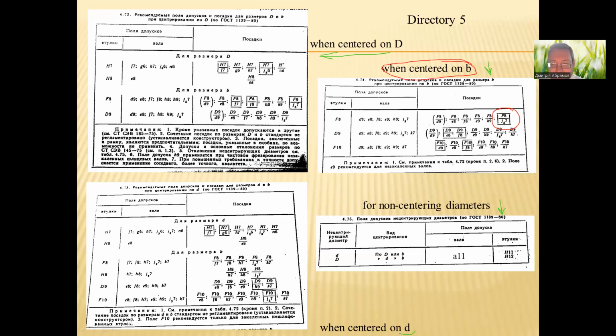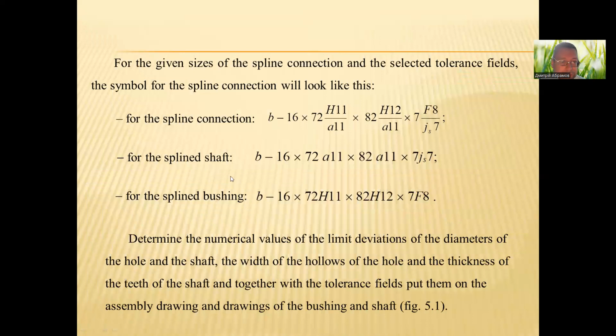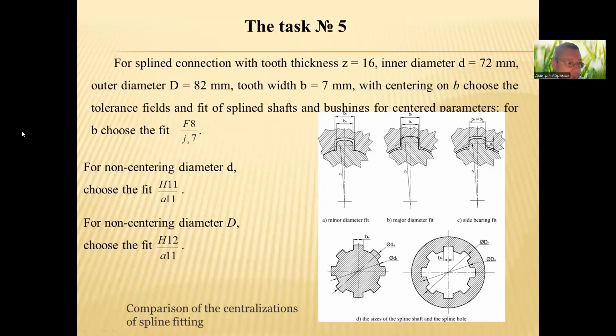For non-centering diameters, it's the tolerance field for the B. Non-centering diameters are small d and big D. We can choose A11 for the shaft, and for the bushing, H11 for small d and H12 for big D. So on the previous slide, for B, we choose F8 and JS7.